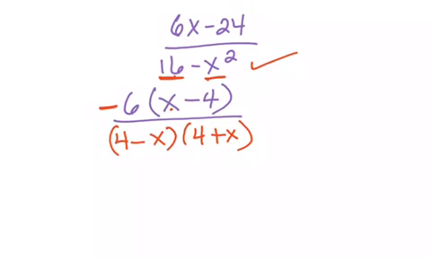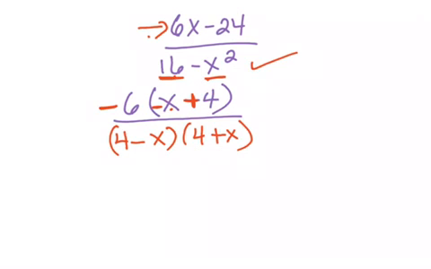Watch what happens. Then the x turns negative, because negative times negative is positive. It has to turn out to be positive 6x. Then the 4 is going to turn positive, because negative 6 times positive 4 is negative. Now look what I have. Now I have a negative x and a positive 4.